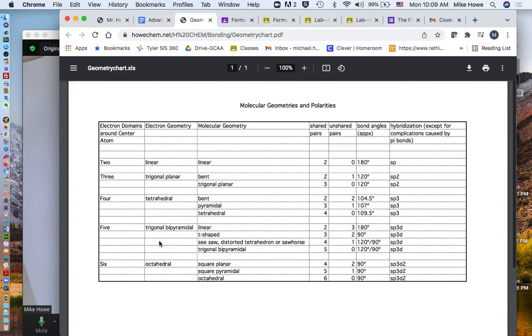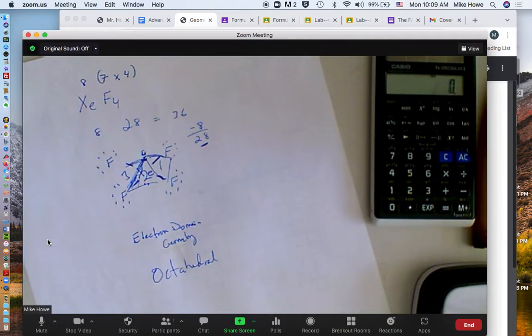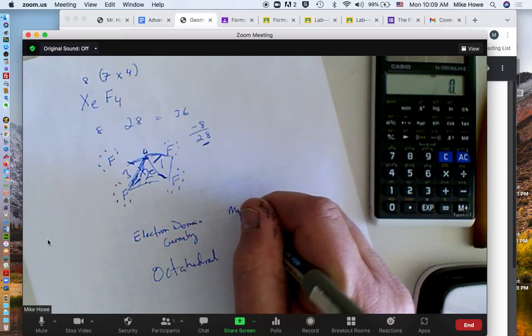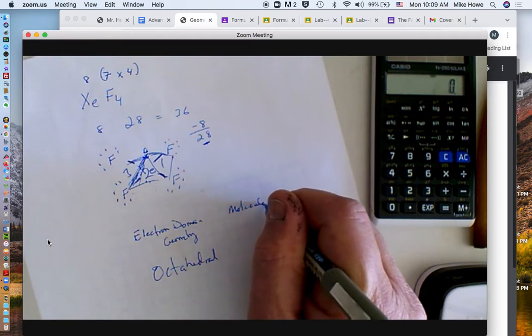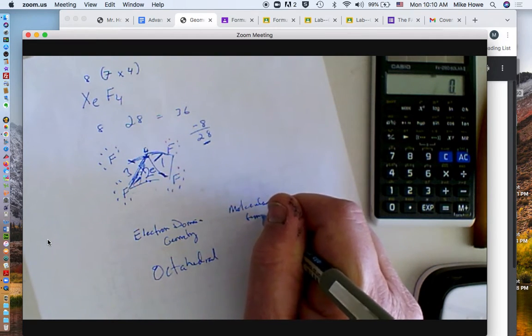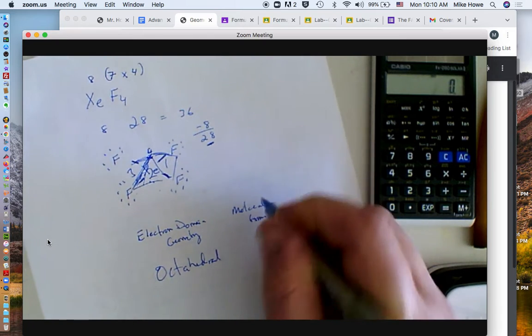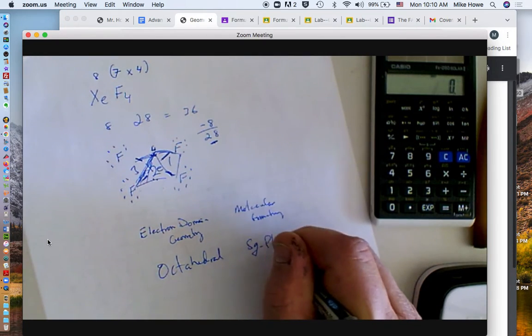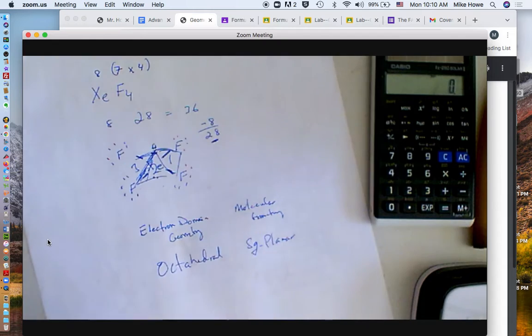That means the electron geometry is octahedral like we said, but 4 of those domains are shared and 2 are unshared, so that makes this molecule square planar for the molecular geometry. So the molecular geometry is square planar.